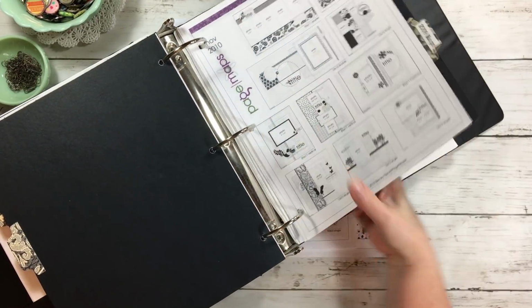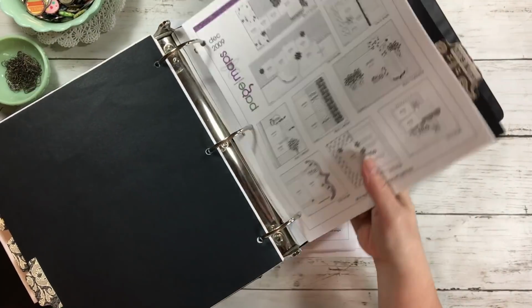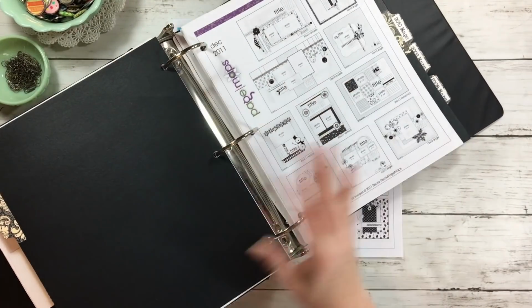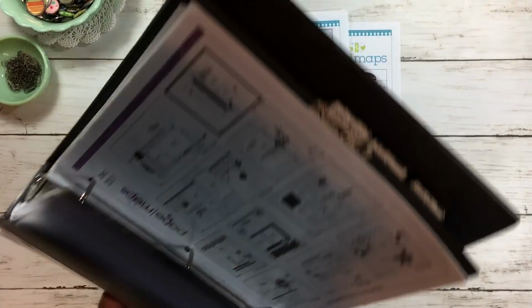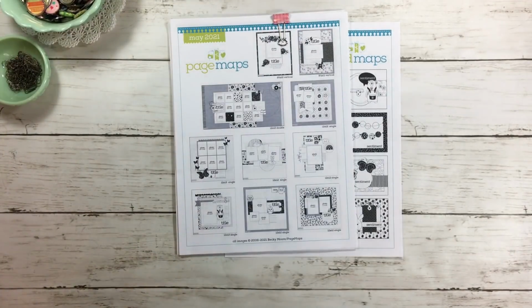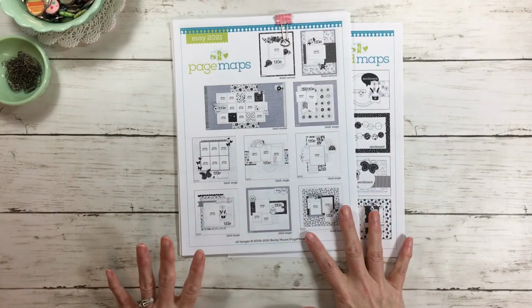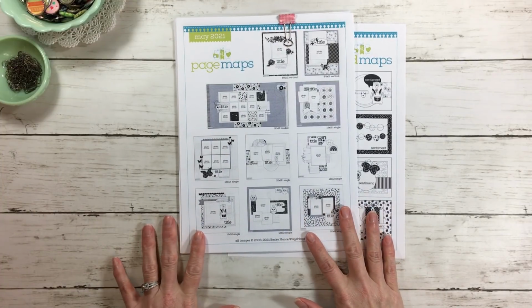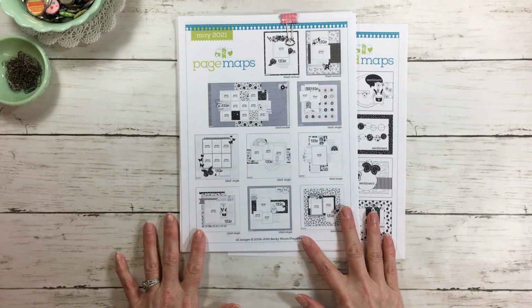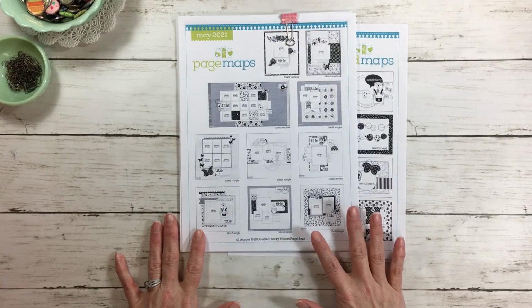Here's 2010, 2009, 2008. Look at that. It is a ton of free resources, and I don't think I could ever thank her enough, because I use them a lot. Those are free sketches, and I'm talking thousands of free sketches. I kid you not. The link will be below.